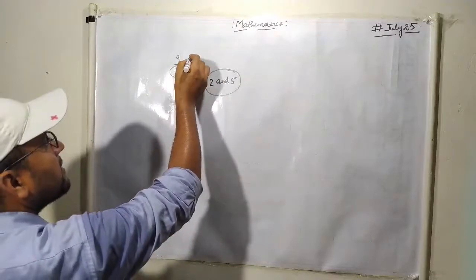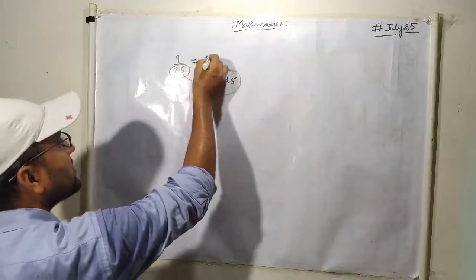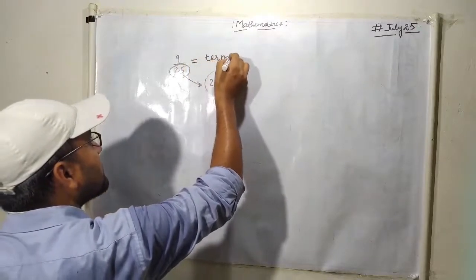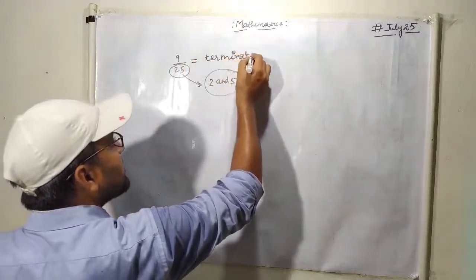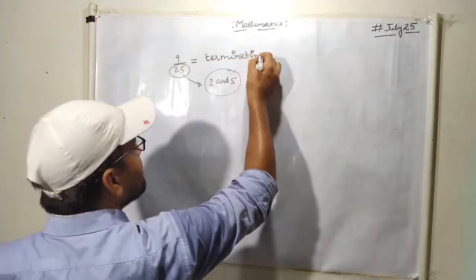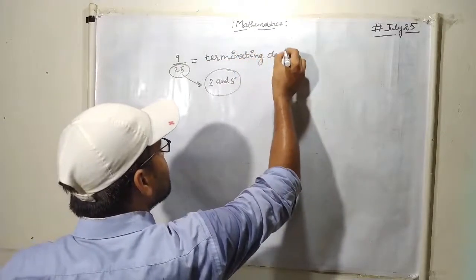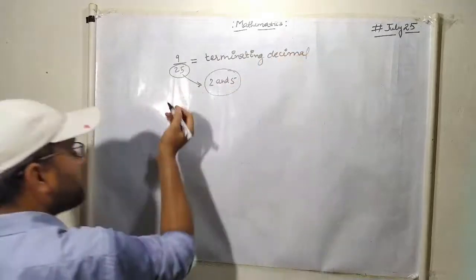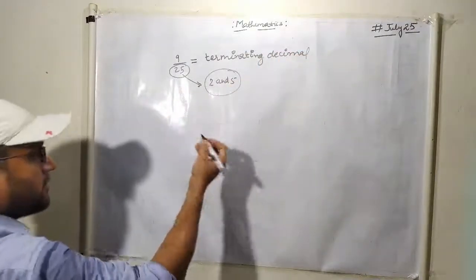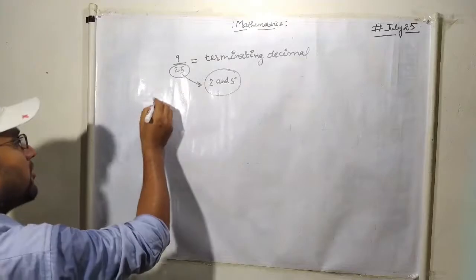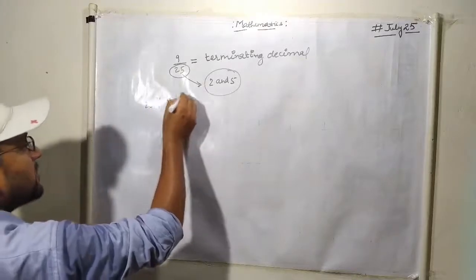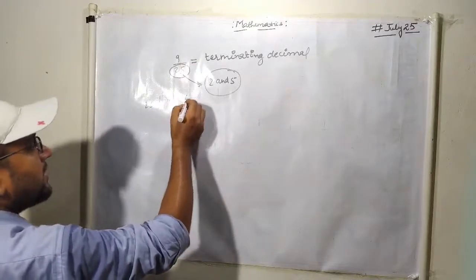the given fraction is known as a terminating decimal. See this one. We will check whether it is terminating or not. 25 is going to divide this 9. 9 is not divisible by 25.